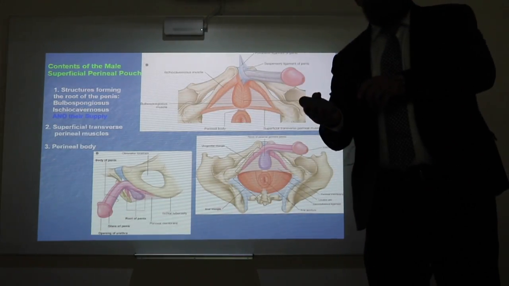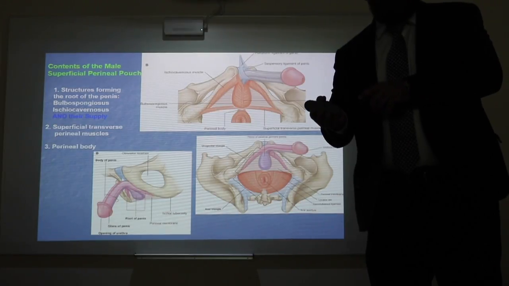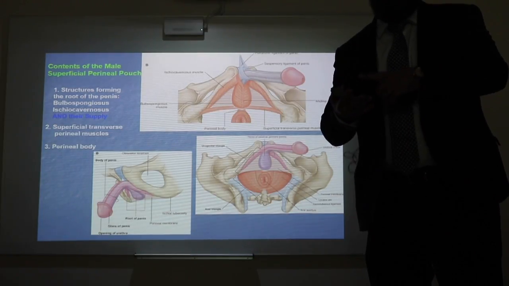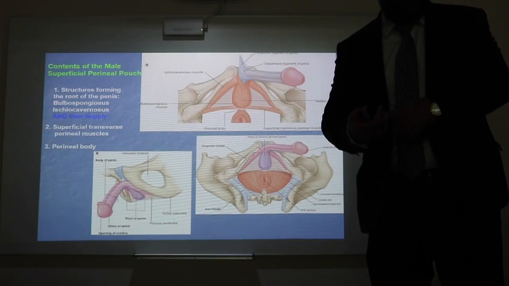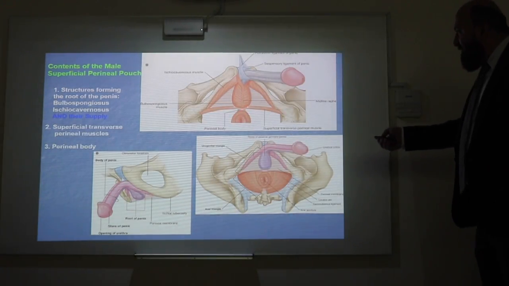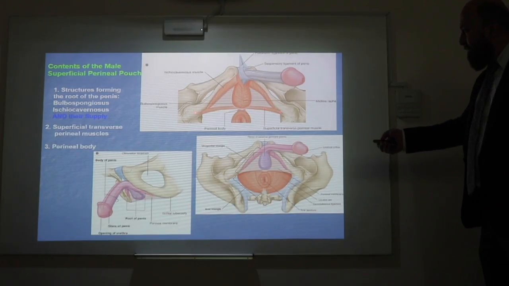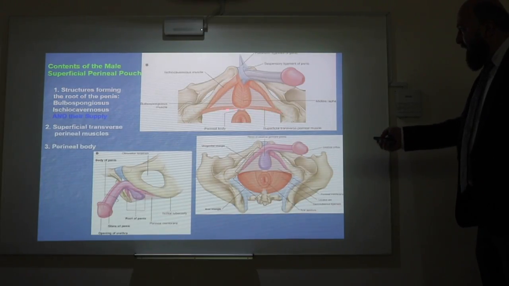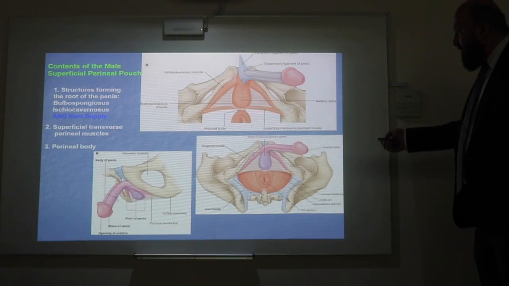In the deep, what did we say the name of the muscle? The deep transverse perineal muscle. Why deep? Because we have a superficial one. So one of the contents is the superficial transverse perineal muscle or muscles, and this is the perineal body.